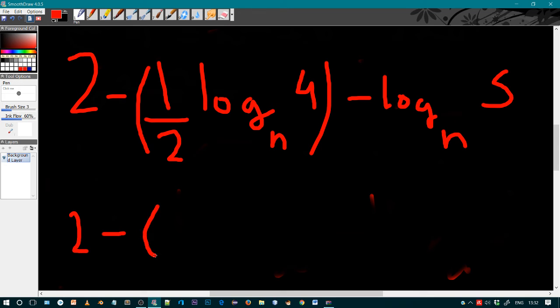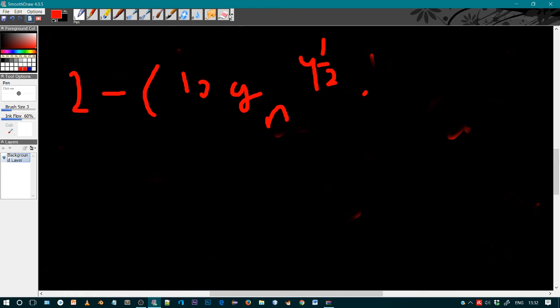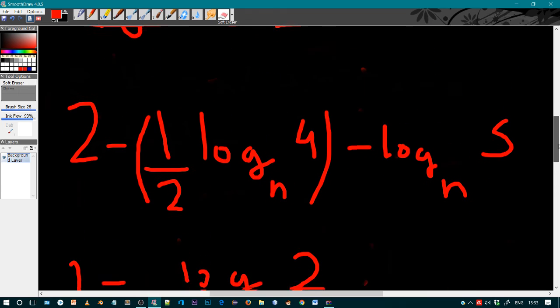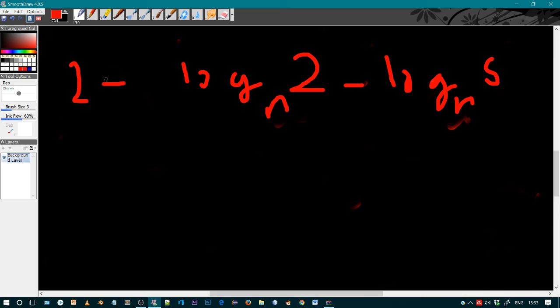I'll write that down. 2 minus log base n of 4 to the power half, and 4 to the power half will become 2, right? So it's 2 minus log base n of 5. Let's solve this question. So 2 doesn't have a base n.